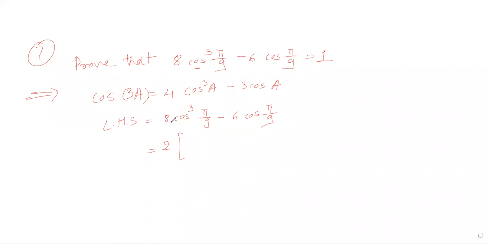So here it is 4 cos cube pi by 9 minus 3 cos pi by 9. Now see, 4 cos cube a minus 3 cos a means this one: 4 cos cube pi by 9 minus 3 cos pi by 9. So 2 as it is.